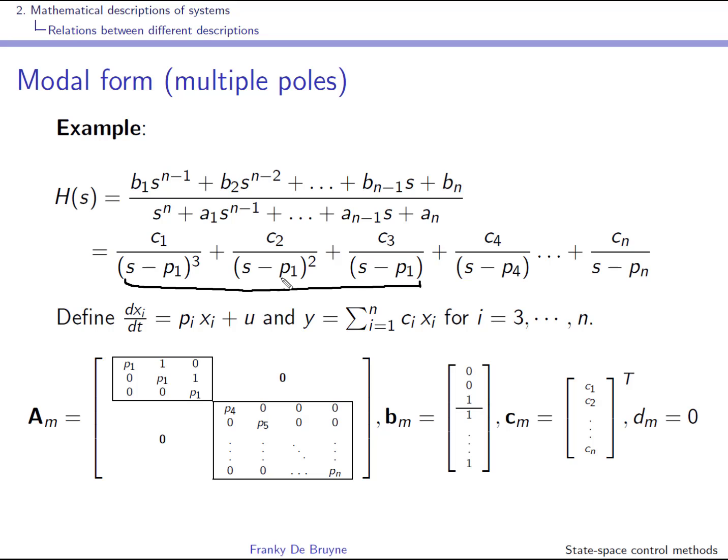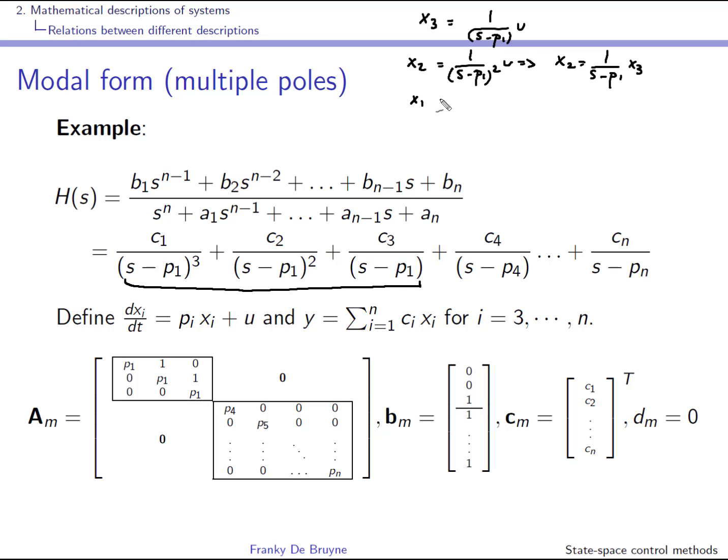So if we put this in a state space format, what we'll do is say that the third state is 1 over s minus p1 U. The second state will be 1 over s minus p1 squared U. So this means that x2 is equal to 1 over s minus p1 x3, right?